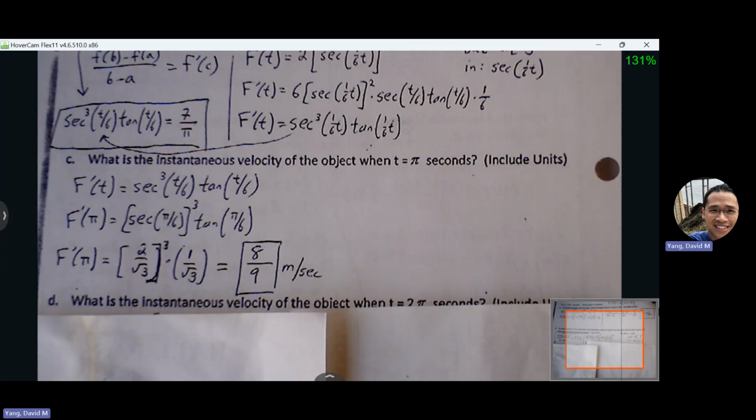Okay, part D, working with the same derivative, just plug in 2 pi to f prime.